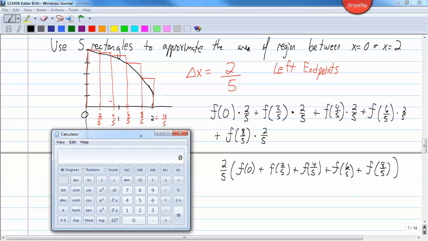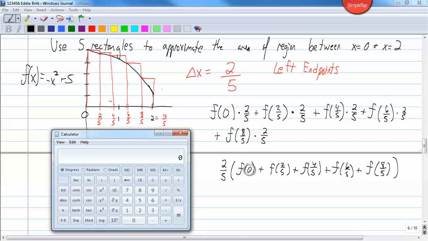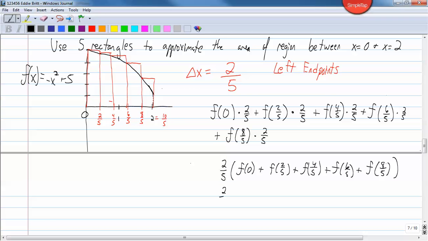Alright, so what do we plug these into? Our function. What was our function? f of x equals negative x squared plus 5. So, plug in a 0. When you plug in a 0, you just get 5. Plus, plug in a 2/5.